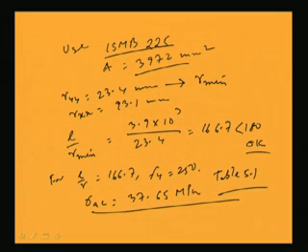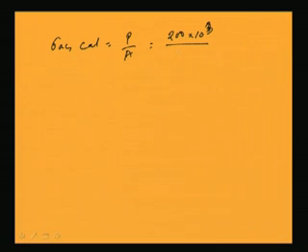Now that I have found sigma AC allowable, I can also find sigma AC calculated, because I have to find out the ratio. So P by A is equal to 200 into 10 cube by area 3972.